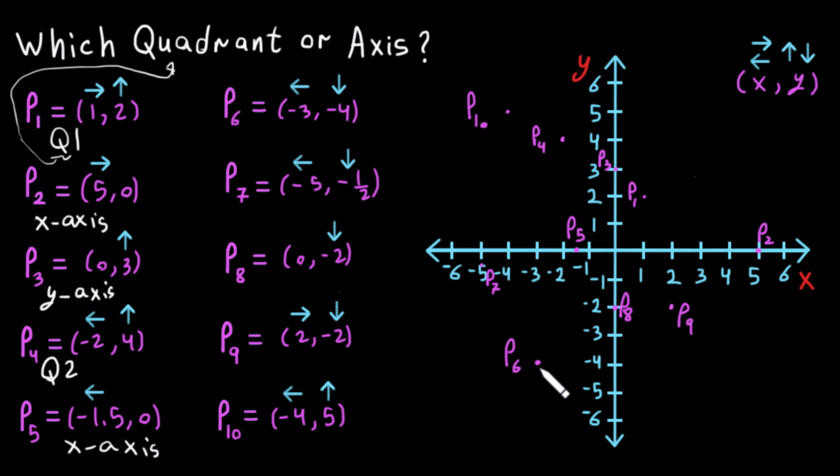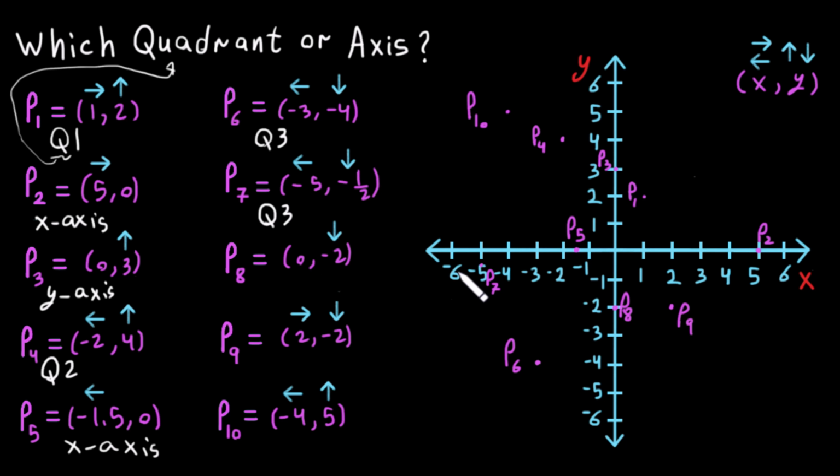P6 is here in the third quadrant. P7, which is (-5, -5), is here. It is in the third quadrant, Q3.